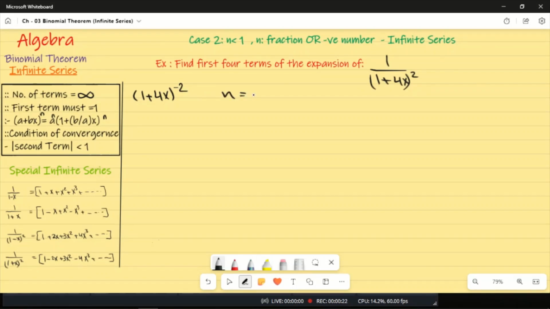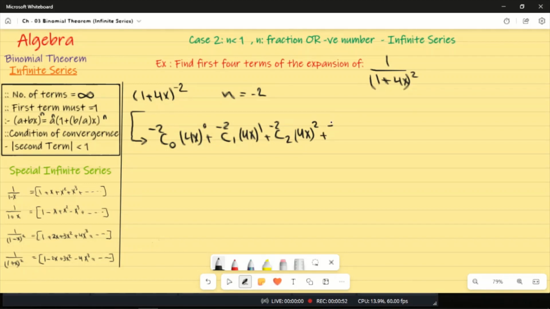The expansion of this is negative 2 combination 0, 4x power 0, plus negative 2 combination 1, 4x power 1, plus negative 2 combination 2, 4x power 2, plus negative 2 combination 3, 4x power 3, plus the continuation.